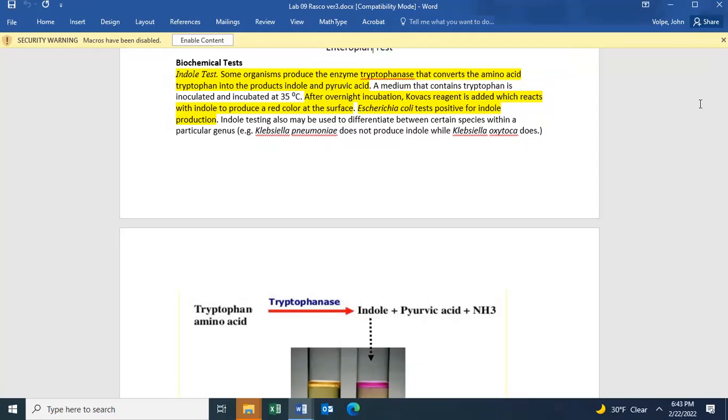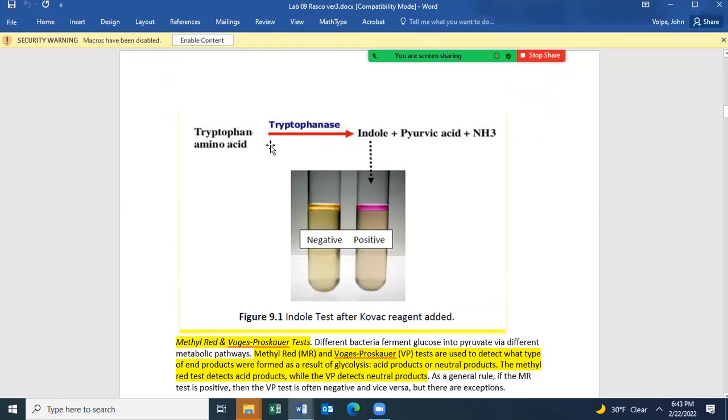E. coli tests positive for indole production. So the amino acid tryptophan is converted by the enzyme tryptophanase into indole and pyruvic acid. And then that's not looking very red. We add Kovacs reagent and it's positive if you see red at the top.